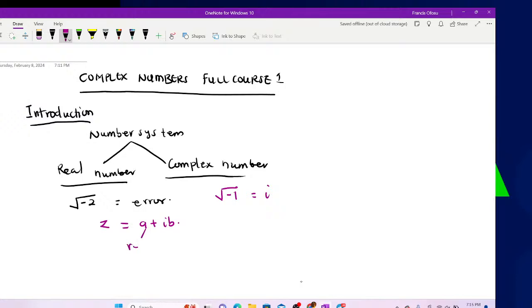a is the real part of the complex number. The b is what we call the imaginary part. Then i is what we call the complex operator.